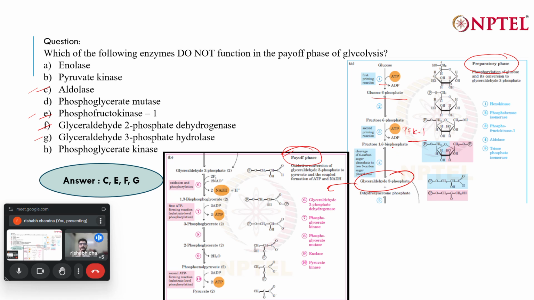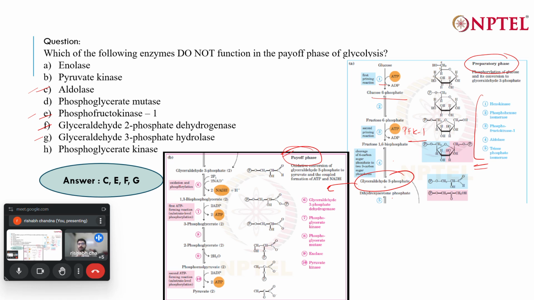Then fructose 1,6 biphosphate is broken down into glyceraldehyde 3 phosphate and dihydroxyacetone phosphate. This is done by the enzyme aldolase. Now this dihydroxyacetone phosphate is isomerized to glyceraldehyde 3 phosphate. Both are isomers, so this is triose phosphate isomerase. So these are the five enzymes that are involved in the preparatory phase.